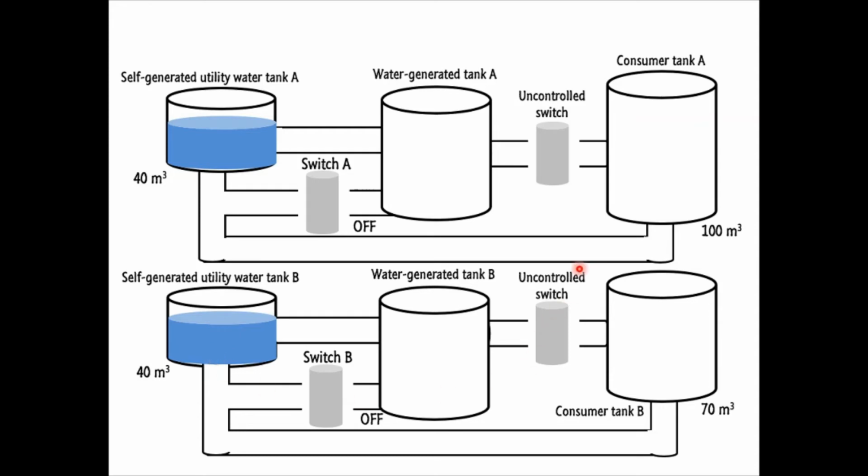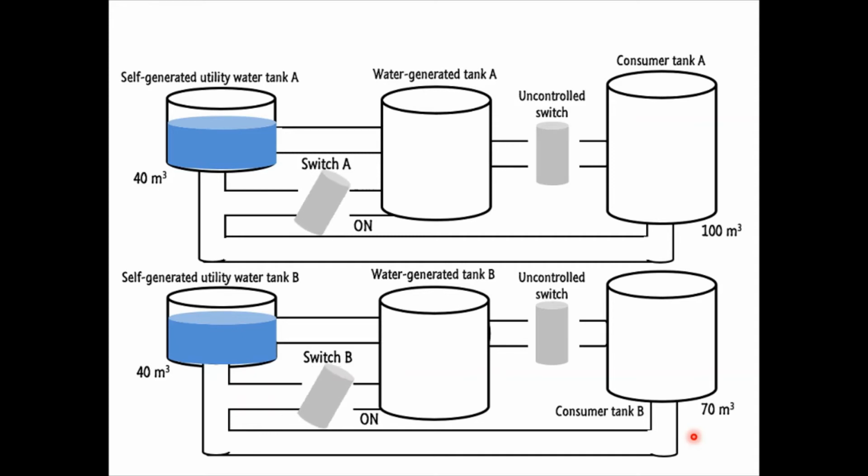Nonetheless, consumers A and B require a higher volume of water, which are 100 and 70 cubic meters respectively. Thus, this system must perform the step-up function to meet the consumer's demand.